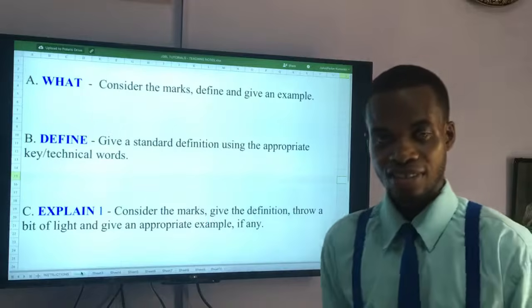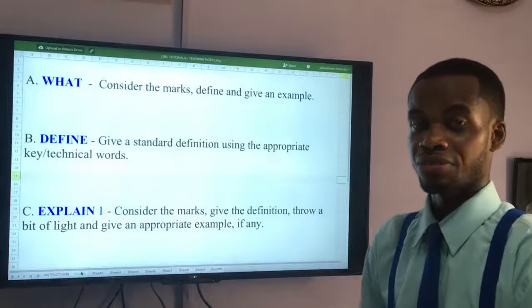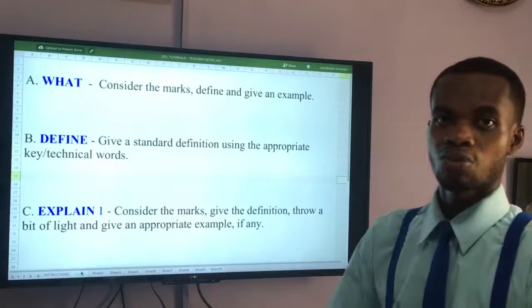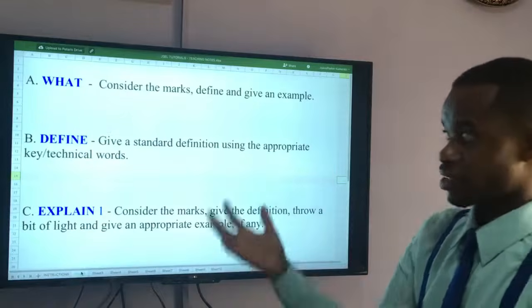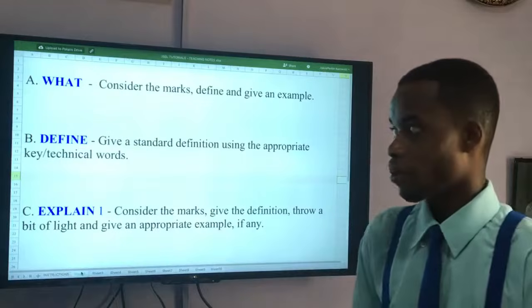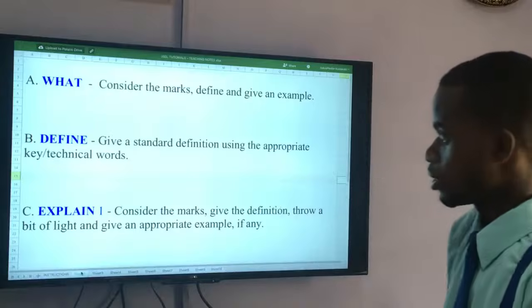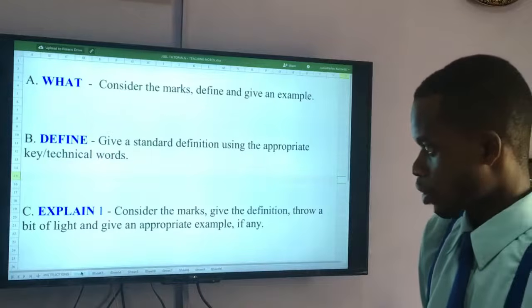So colonization is the situation whereby a country's administration is being taken over by another superior country. Okay, full stop. So if that is defined, you put it over there, 2 marks, you get your mark. So always remember the appropriate key or technical words when you are defining. Okay, all right.